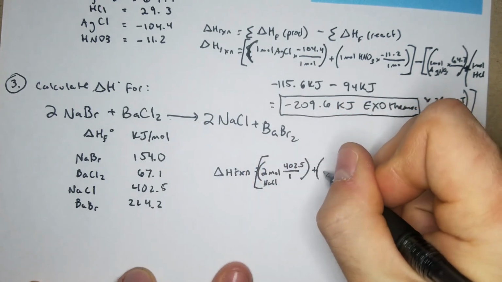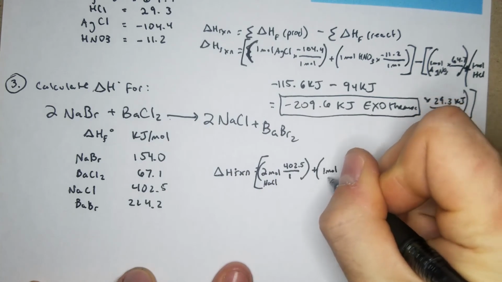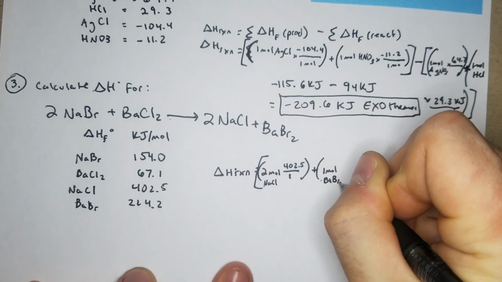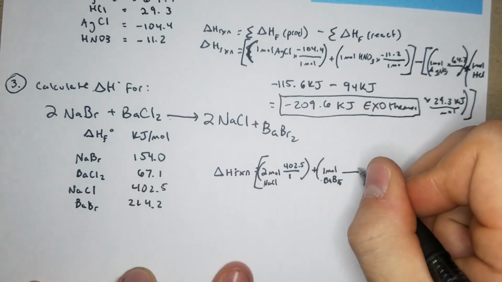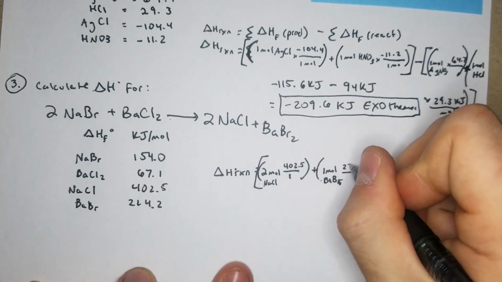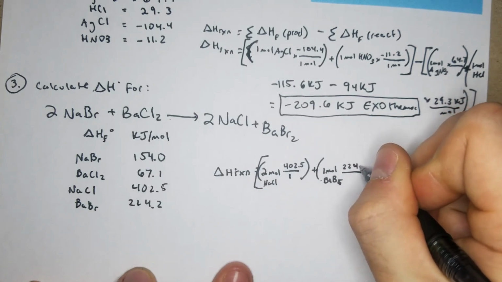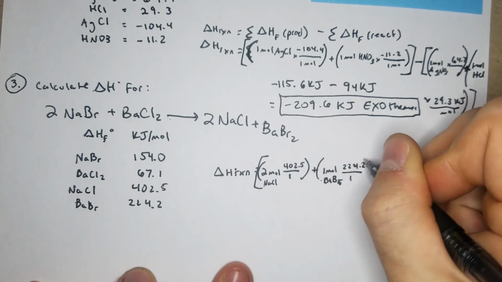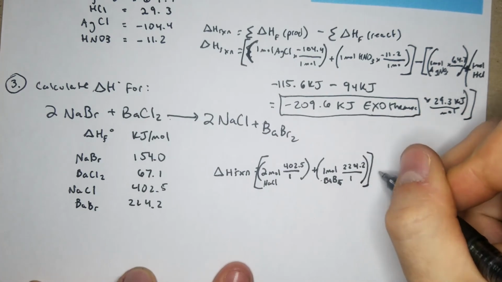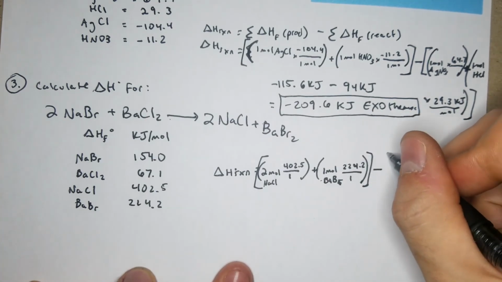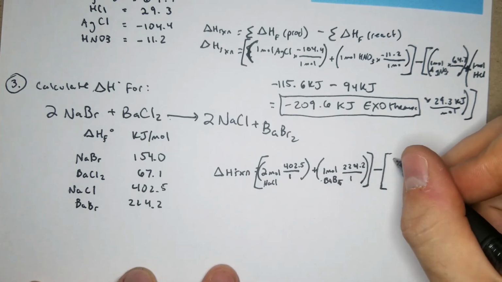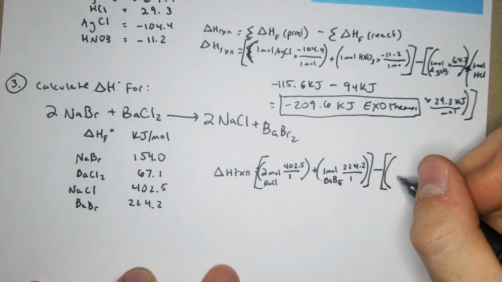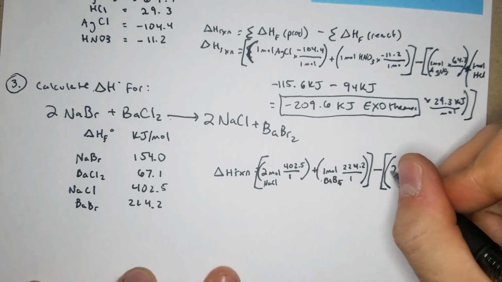Plus 1 mole BaBr2. Nope, that's just BaBr, which is 224.2 kilojoules. And that minus what is going to be our reactants. So first we have the NaBr, which is 2 moles.